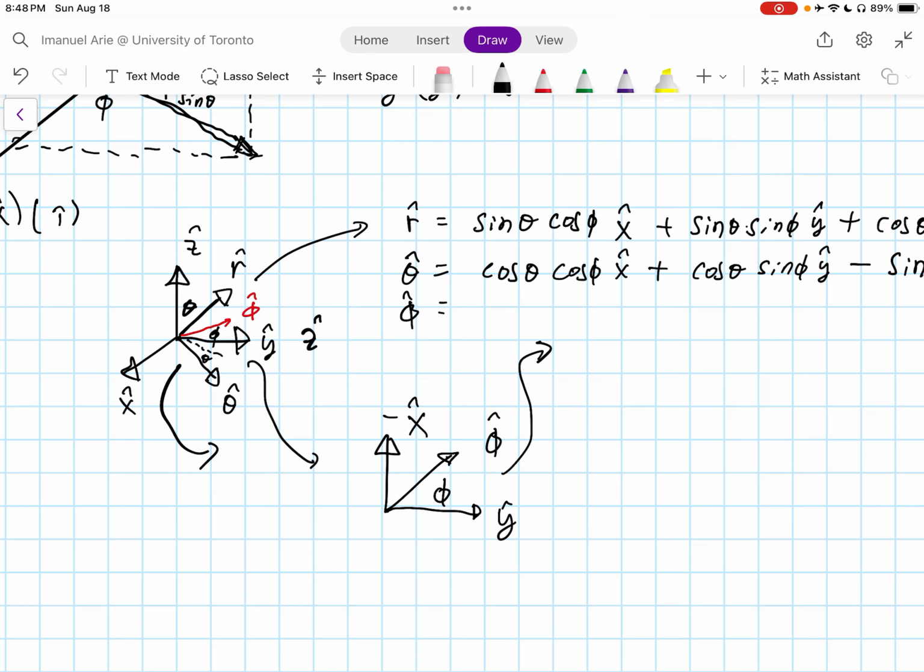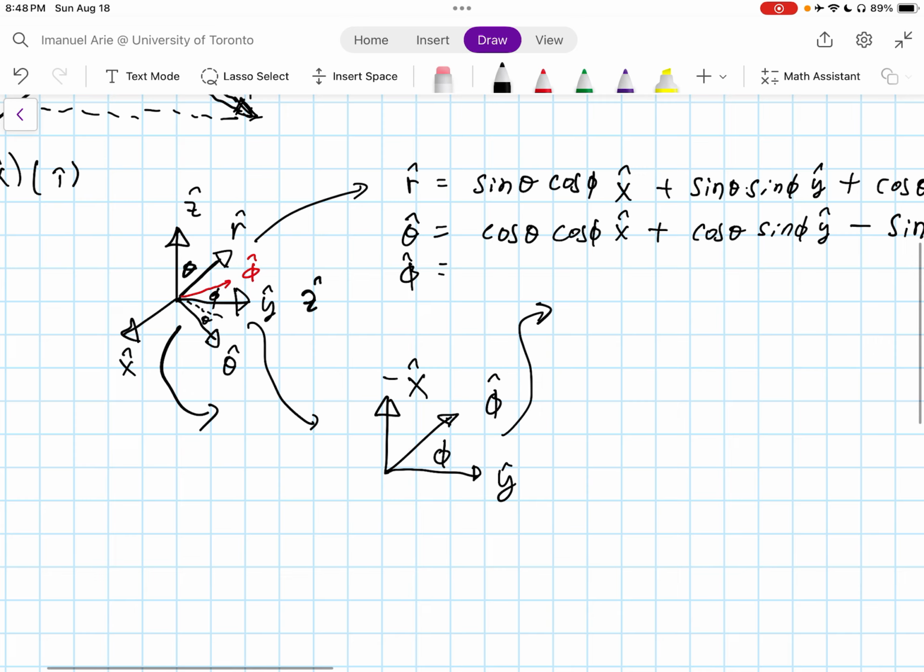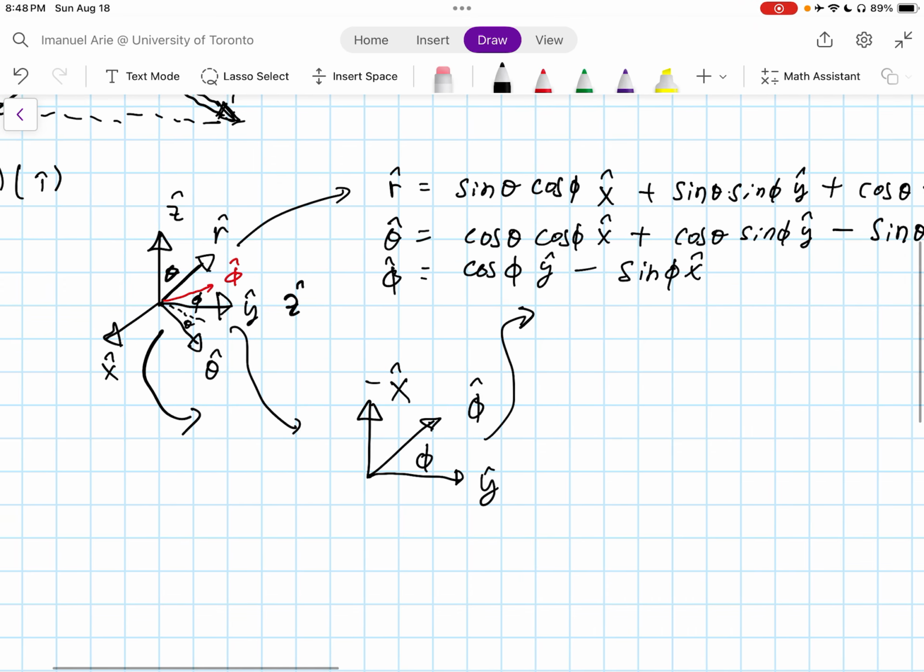Recall the simple trigonometry concept. If we project phi hat onto the y-axis, we will get cos phi y hat, and if we project it onto the x-axis, we will get negative sine phi x hat. So this is basically phi hat in terms of x hat, y hat, and z hat.